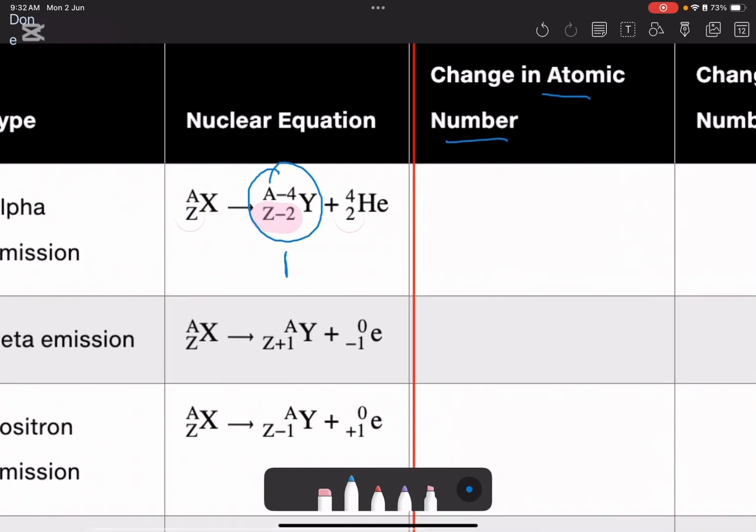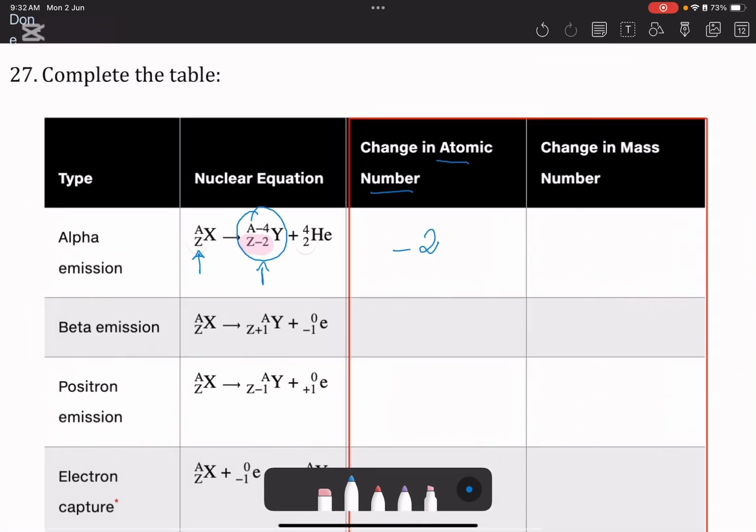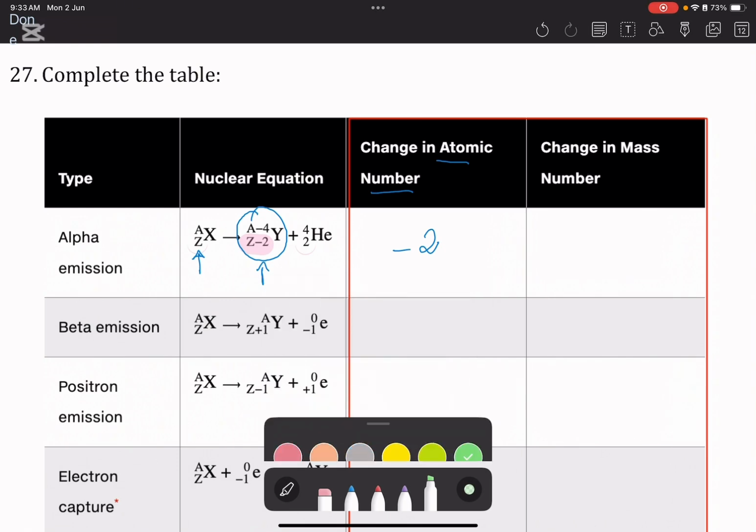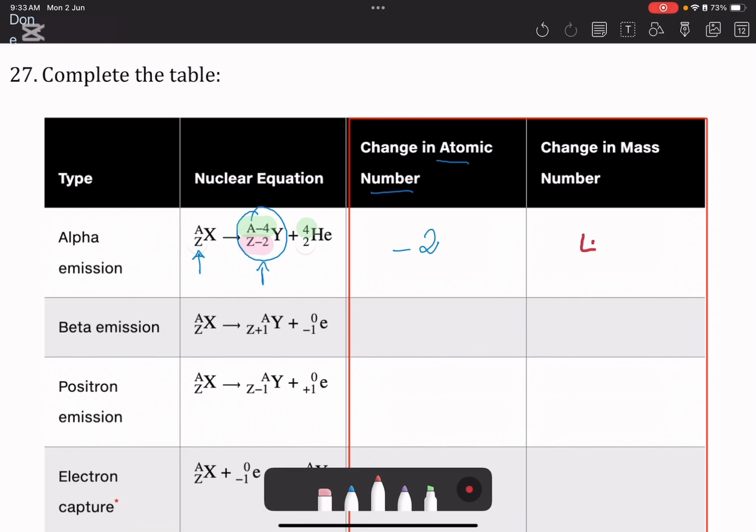So this is the daughter nuclide, and that's the parent. The change is 2 below, and for the mass number, because the particle emitted has a mass number of 4, it will decrease by 4.